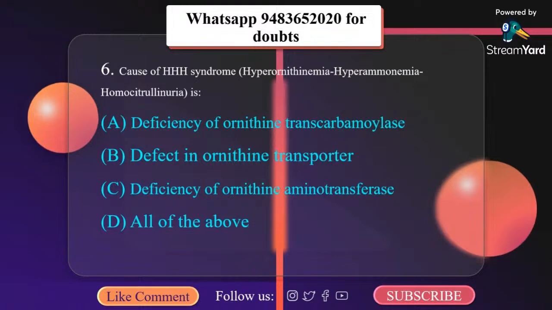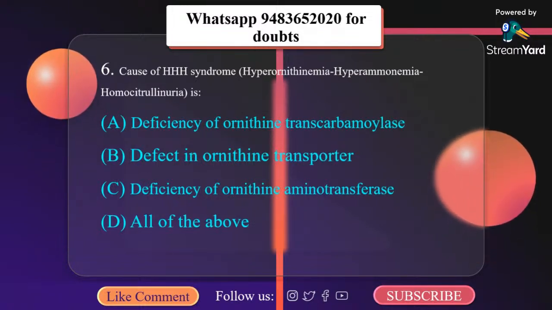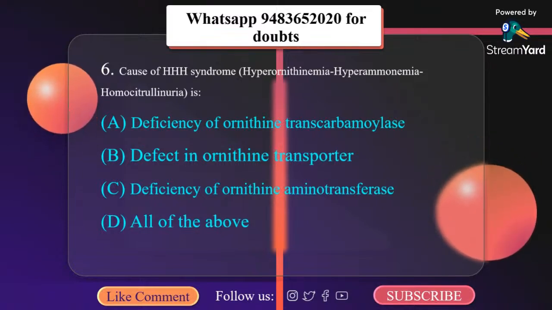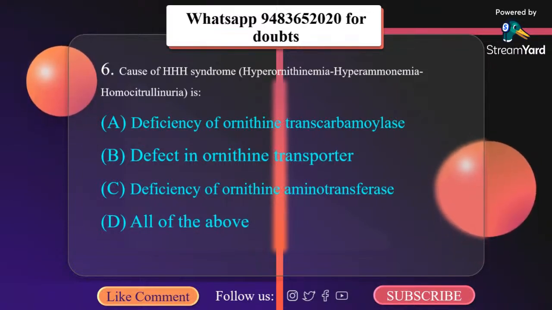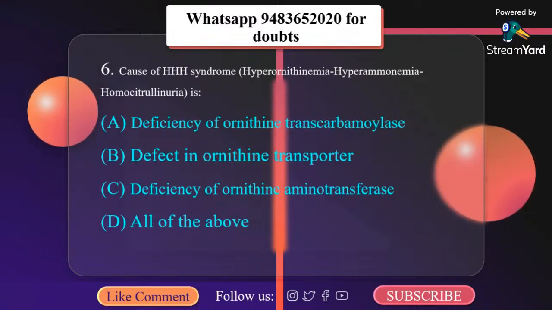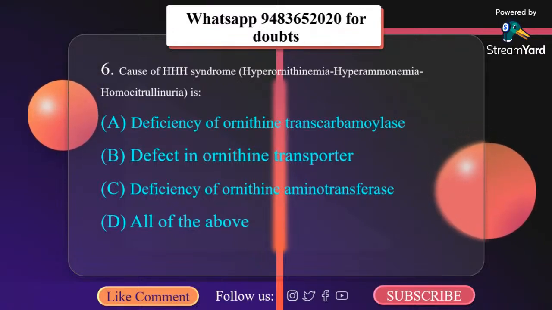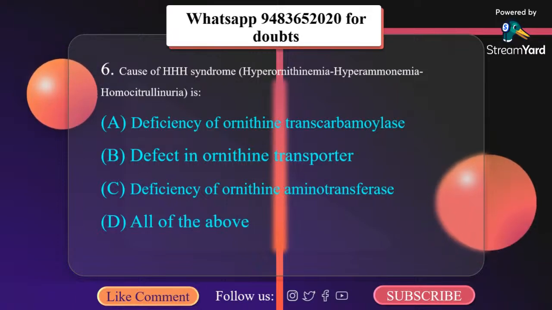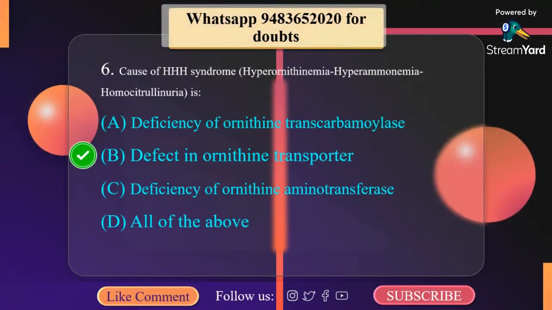This prevents ornithine transport into mitochondria. Hence, it stays in the cytoplasm, with reduced ability to clear carbamyl phosphate and ammonia. Mitochondrial carbamyl phosphate is converted to homocitrulline, leading to homocitrullinuria. So there is a defect in ornithine transport.